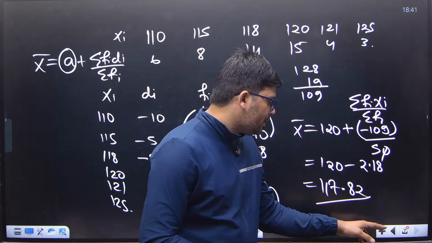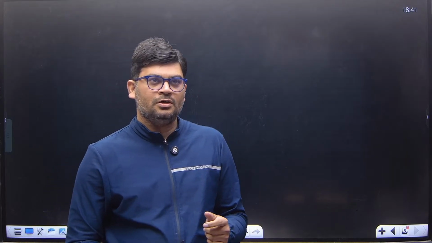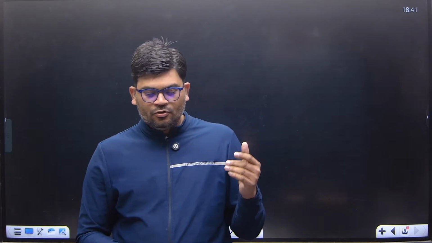So this way also you can get the solution. If the numbers are too big, you can make them small by using the assumed mean method. Are you getting it?